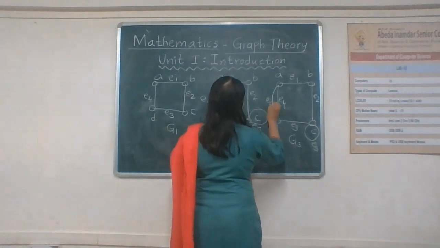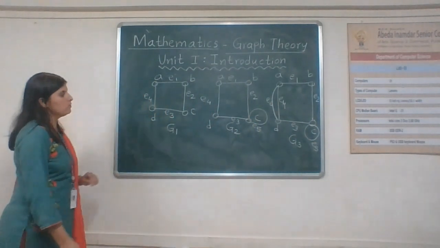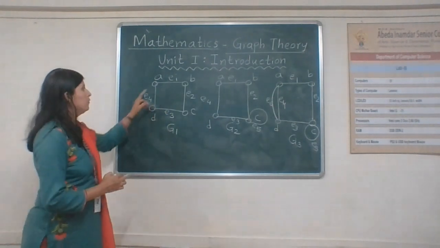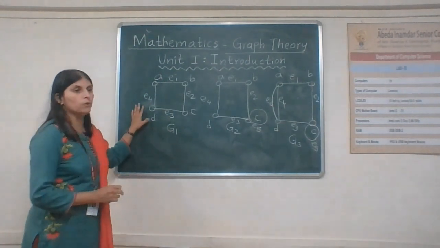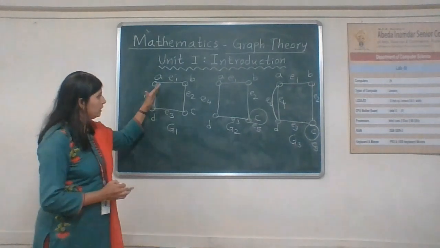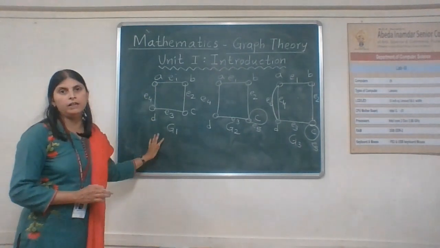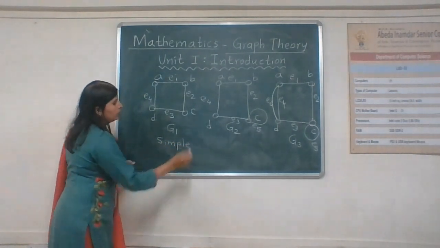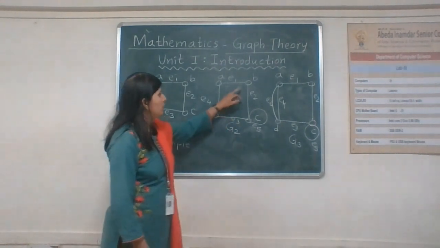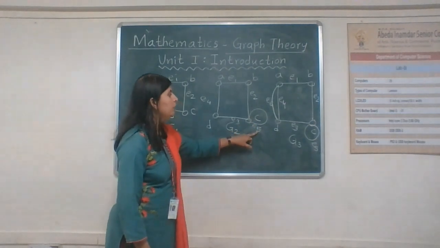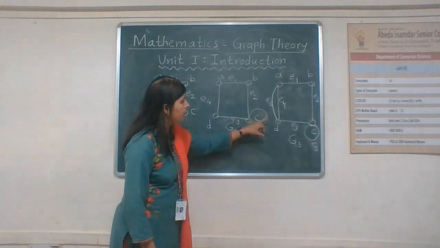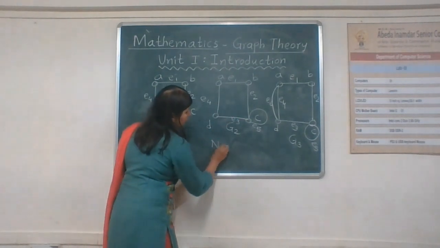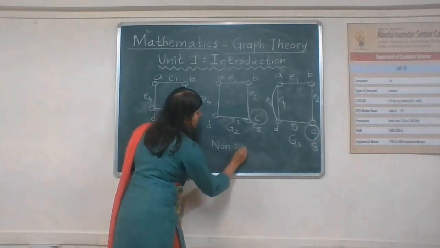So this is E6. Now see the graph G1, it contains 4 vertices A, B, C, D and 4 edges E1, E2, E3, E4. But if you observe, there are no loops and no parallel edges. So graph G1 is a simple graph. Now see graph G2. Now there is one loop, say E5, because both the end vertices of E5 are the same, namely C. So I can say that graph G2 is not a simple graph.